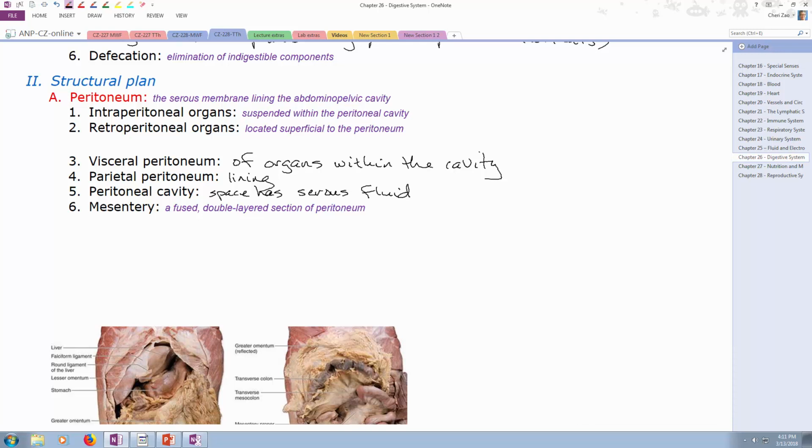And this serous fluid is here for one of the same purposes as the pleural cavity in the aspect that it is designed to decrease friction. Because as material moves down through our alimentary canal or intestinal tract, those innards are going to actually move around, and we want them to move around without any stickage or adhesions, and so that's what that serous fluid is also designed for, to decrease that friction.